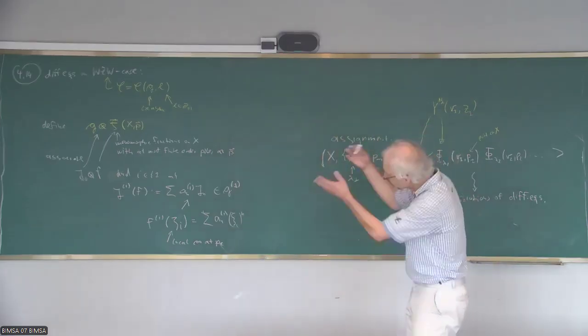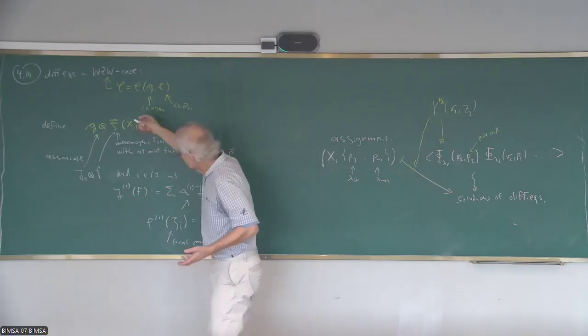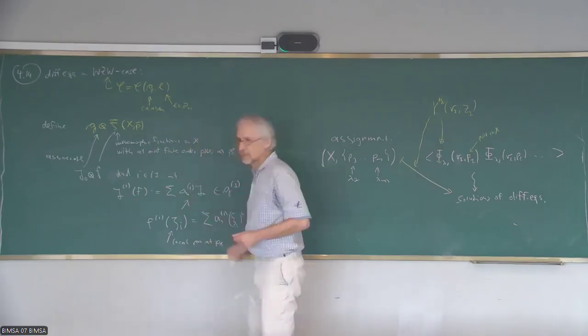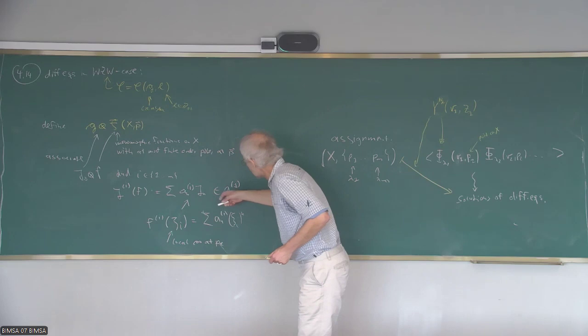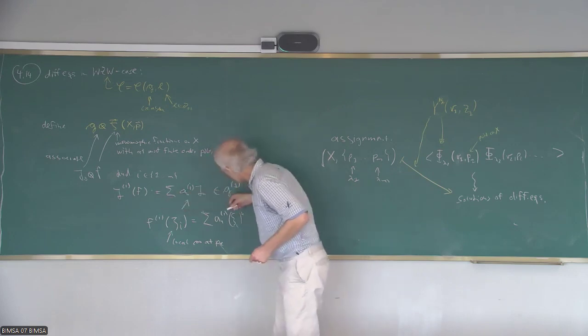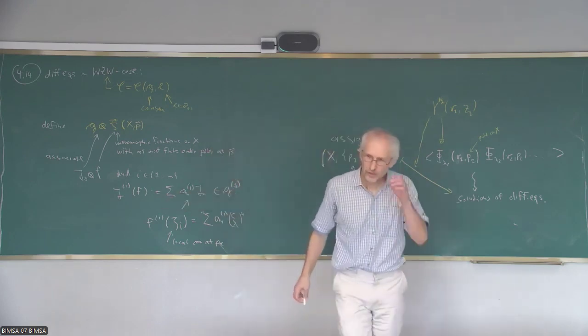So I have this algebra. I take an element, this gives me these a_n^i. These are elements, I get elements of an affine algebra.